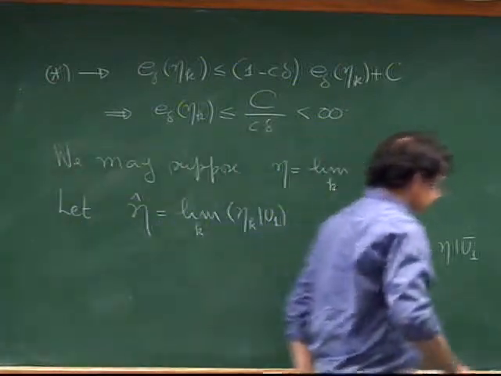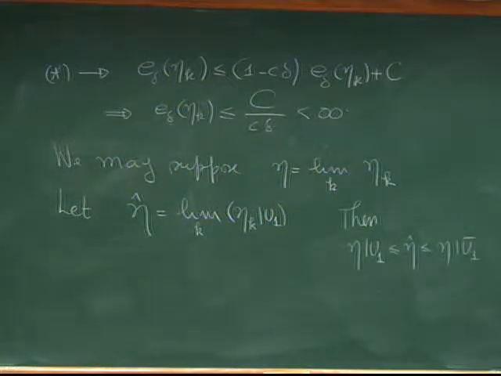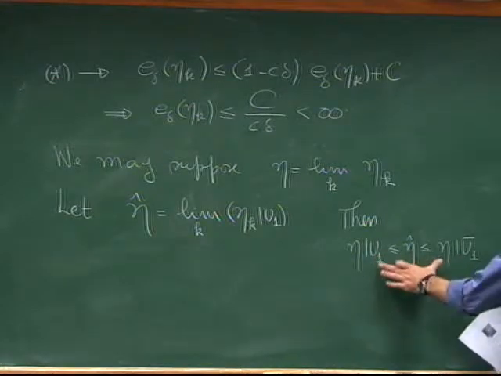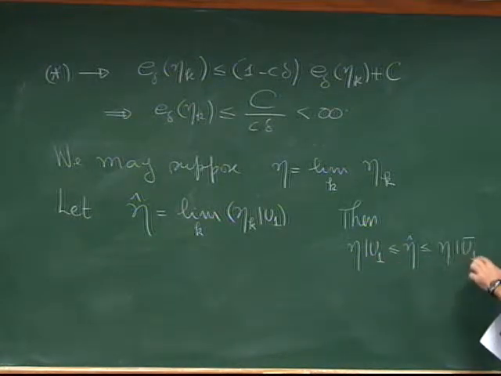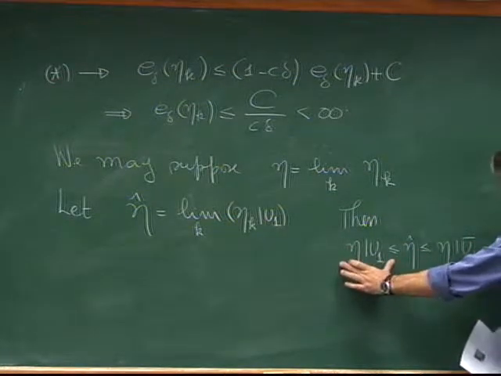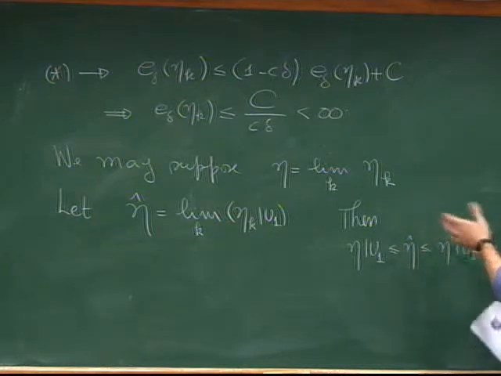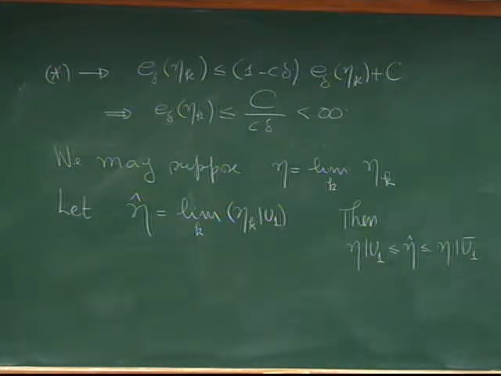So you see, it's almost the same. For example, if the boundary of U1 has zero measure, then this side is the same thing as this side. And so, indeed, in that case, eta hat is the weak star limit of eta k restricted to U1.